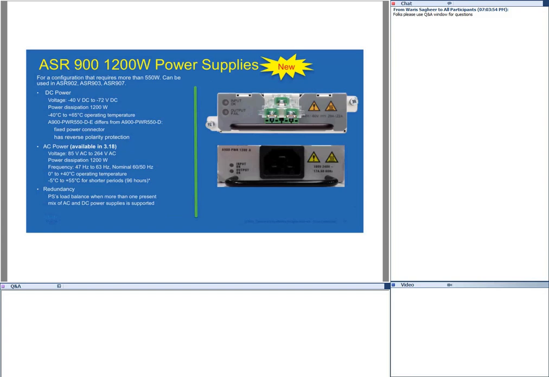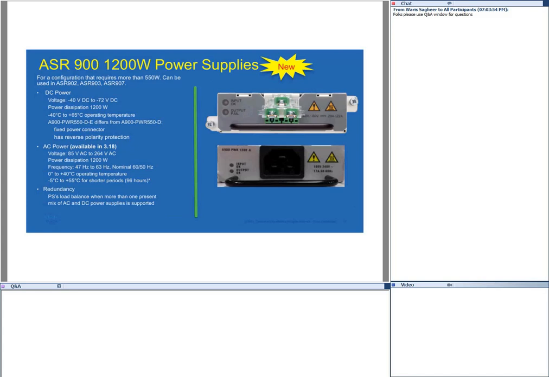So with 903, if you're going with two RSP3s, one active and one redundant, so only when you go with a redundancy-based configuration, then you would need to upgrade the power supplies to 1200 watt. That is a new power supply. If there is only one single RSP3 in there, then you could stick to the older 550 watt power supply, and you could pretty much power the entire platform with it.